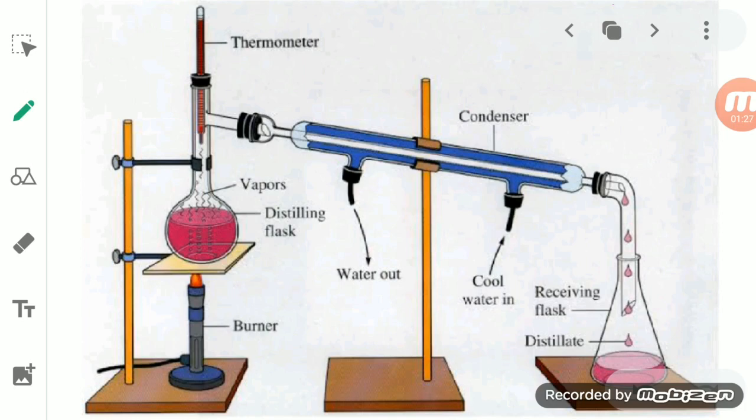So we can use the process of evaporation when we do not need the other component, that is the liquid, which is getting evaporated into the atmosphere.